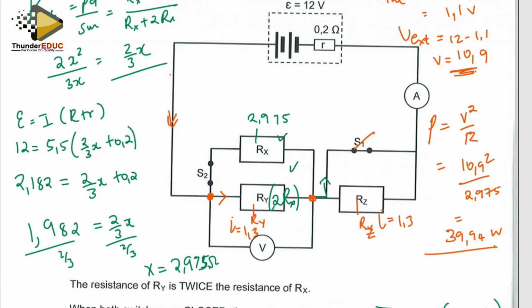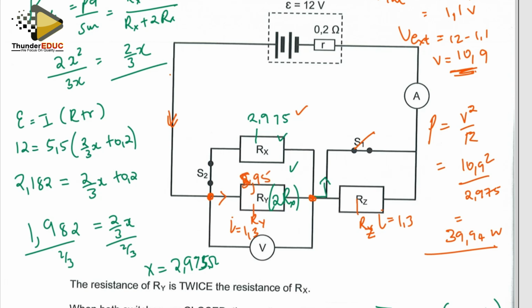So what we can start with is looking at the two scenarios where all the three resistors are playing a role. We already know the value of this resistor. We know the value of this resistor, which is 5,95.